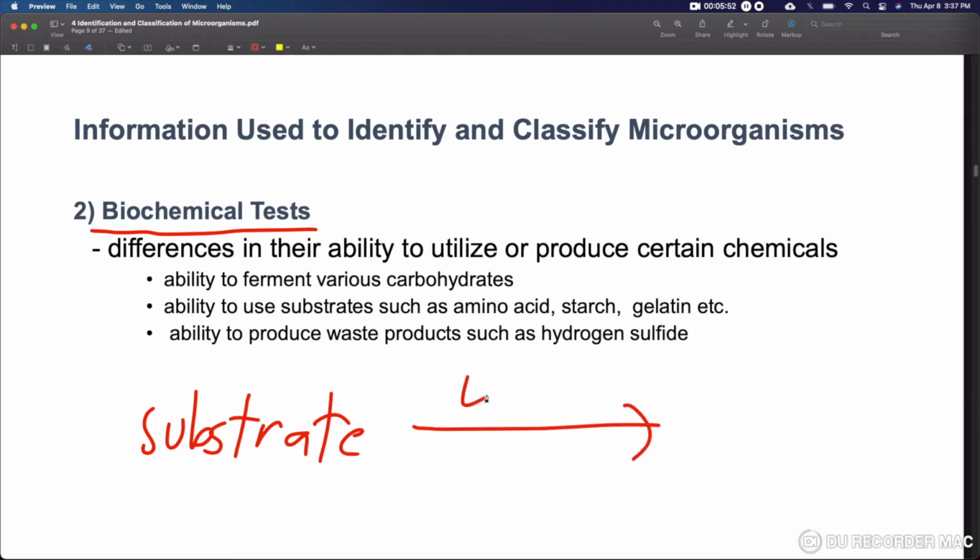And your organism will have certain enzymes, of course, that will act on that substrate to produce a reaction on our test.